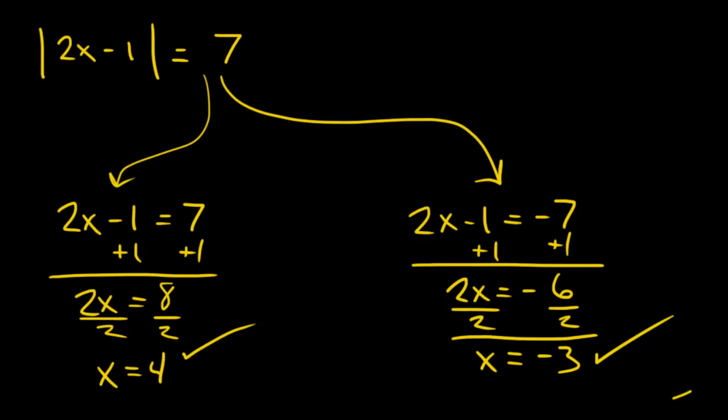Clear this. So what if I had the absolute value of, I don't know, 3x minus 4 equals negative 1? Okay, well, I could just start off by breaking into its two pieces, or I could look at it really carefully before I do anything.